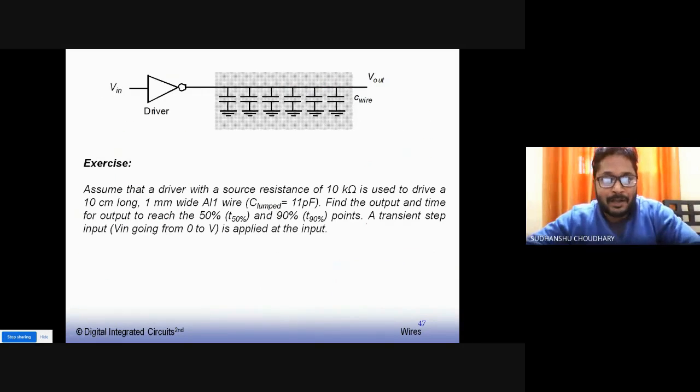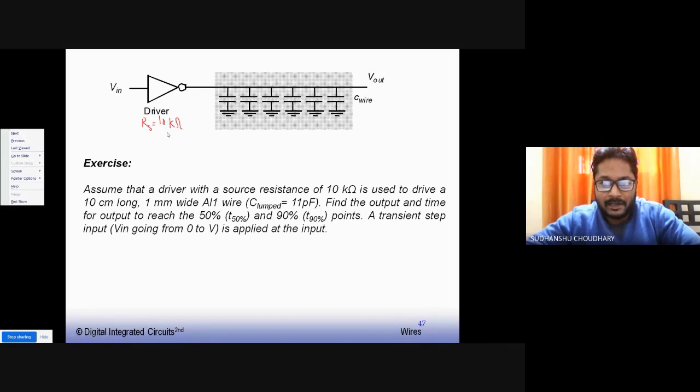Now let us take a small exercise, and let us assume that this driver is connected to this interconnect. This interconnect is connected to this driver, and this driver has a series resistance of 10 kilo ohm. And this driver, along with the series resistance of 10 kilo ohm, is driving this wire, right?